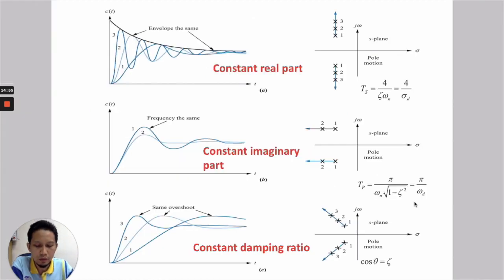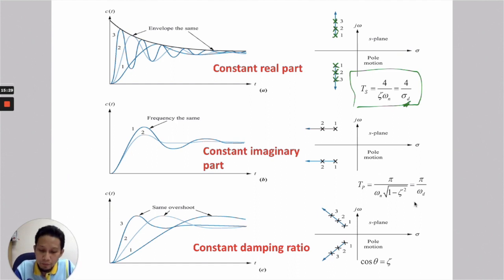Again, this is for the Ts, settling time. It is only related to the value of sigma d. So when sigma d is constant, meaning it stays the same in this vertical direction, the settling time will be the same. Why? Because remember, for the oscillation, that is zeta between 0 and 1, we have a real component and an imaginary component.